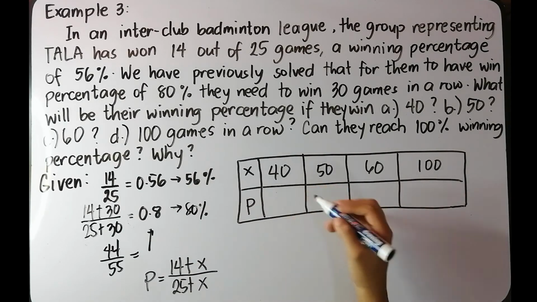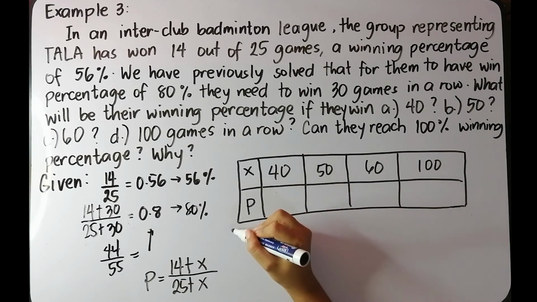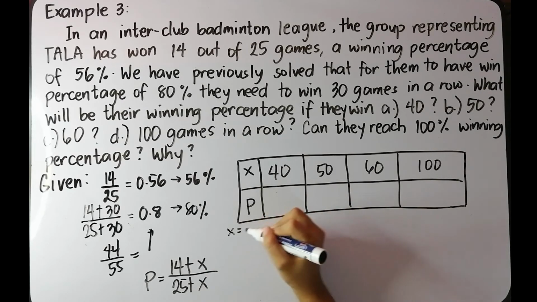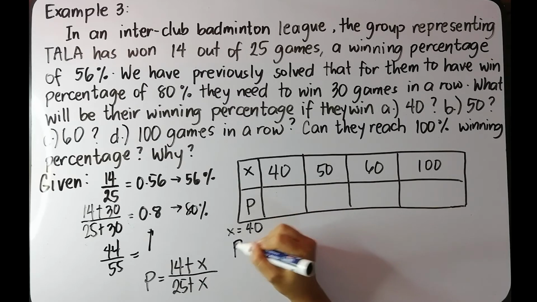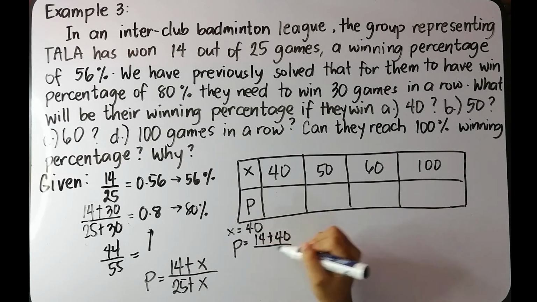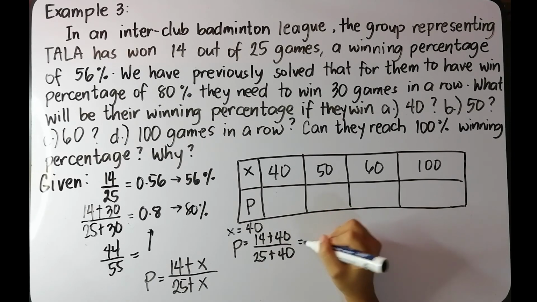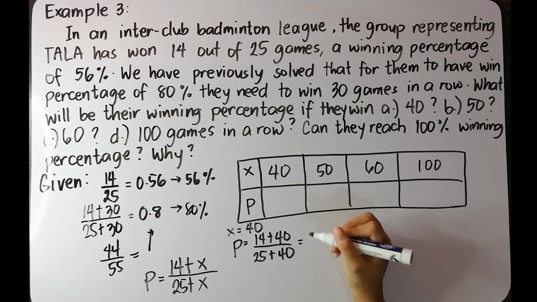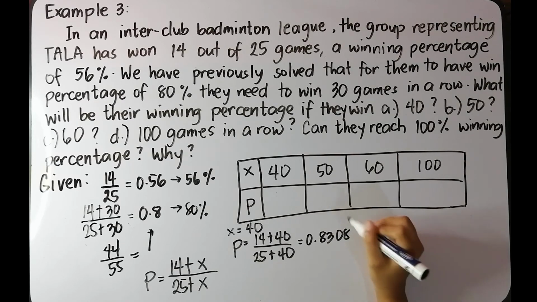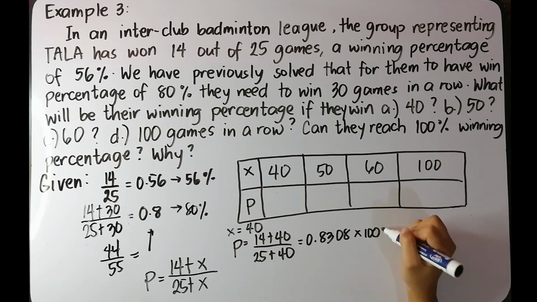So let's now solve for the winning percentage. If X is equal to 40, we have the winning percentage 14 plus 40 over 25 plus 40. So this is equal to 0.8308. That means in percentage, you just multiply it by 100%.